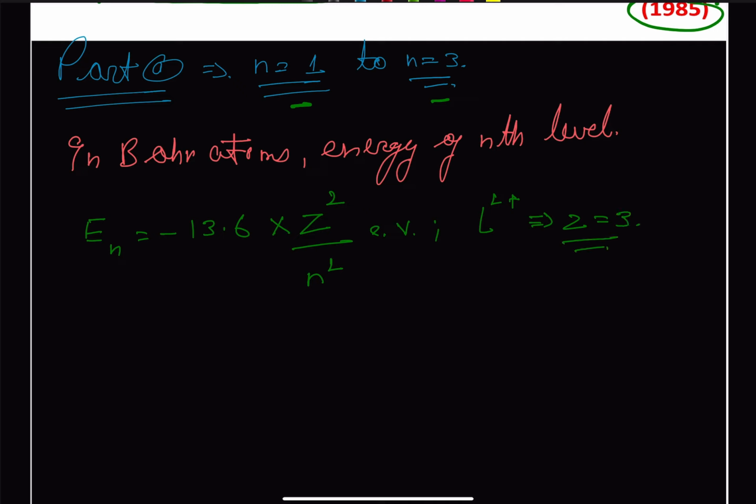Therefore, we can write that E1 will be equal to minus 13.6 into 9 upon 1, which will be equal to minus 122.4 electron volt.